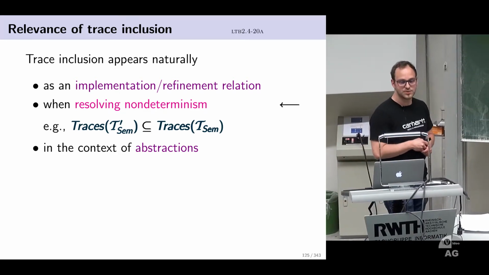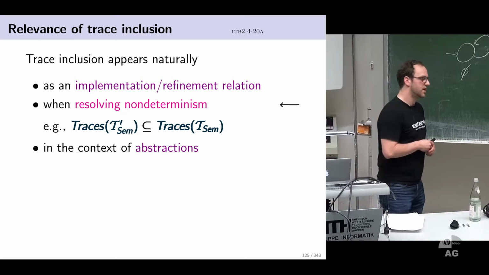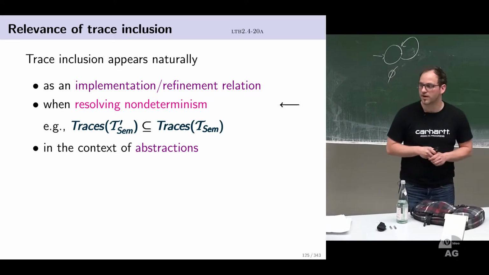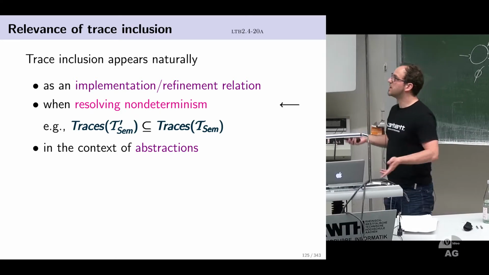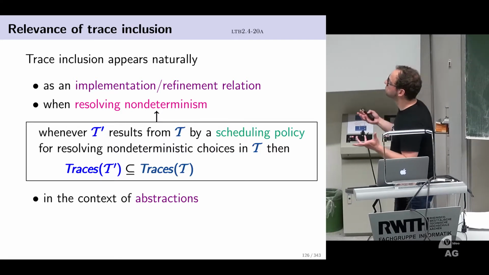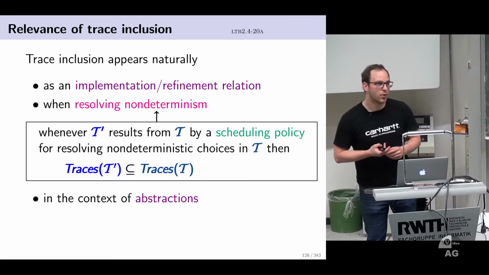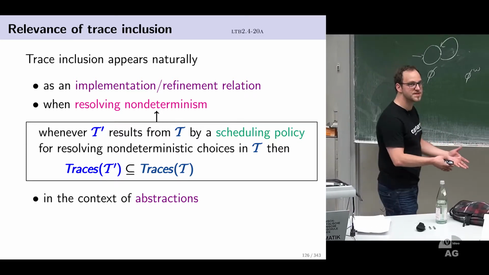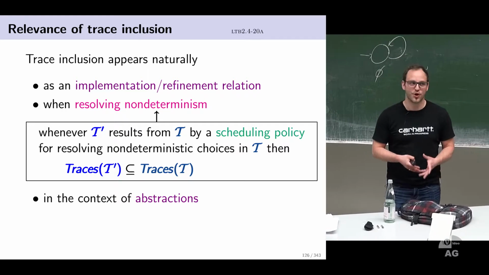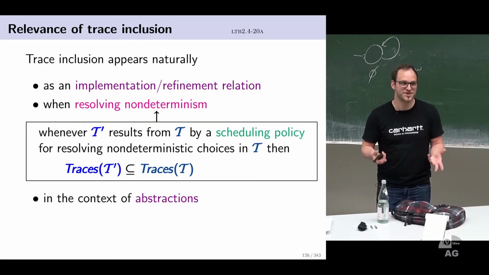The second one is when resolving non-determinism. This is somewhat similar to the first one, but let's still talk about it. So say you have some kind of transition system and you want to resolve the non-deterministic choices, right? I mean, in practice, if you implement a system, you typically don't want non-deterministic behavior. You want deterministic behavior.